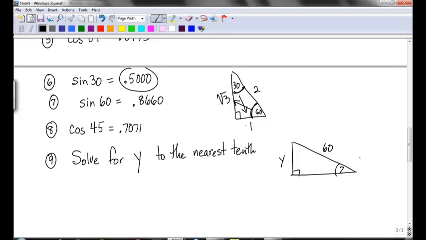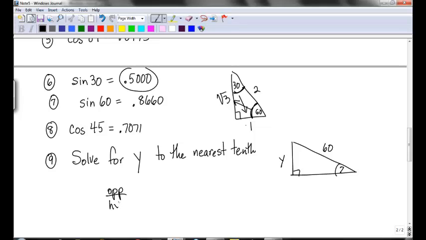Okay, you got to look at this picture in terms of angle 7, and I always look at the unknown first. In terms of this angle, which side is this, opposite or adjacent? Opposite, and this is hypotenuse. Opposite over hypotenuse. And I always want to put the unknown up in the numerator. Saves keystrokes on your calculator.